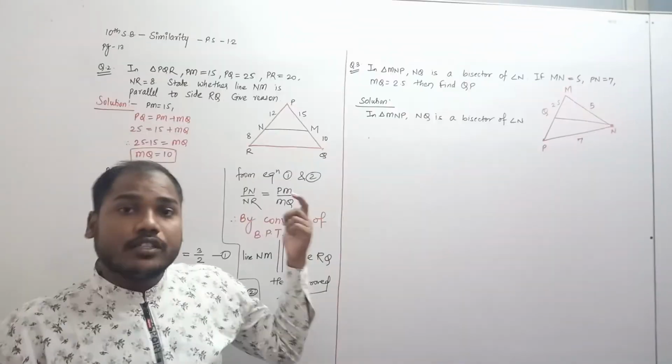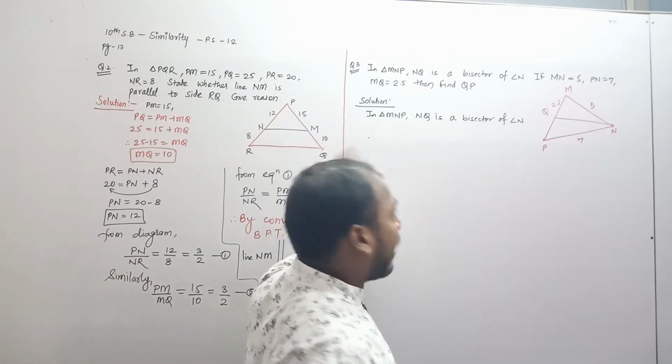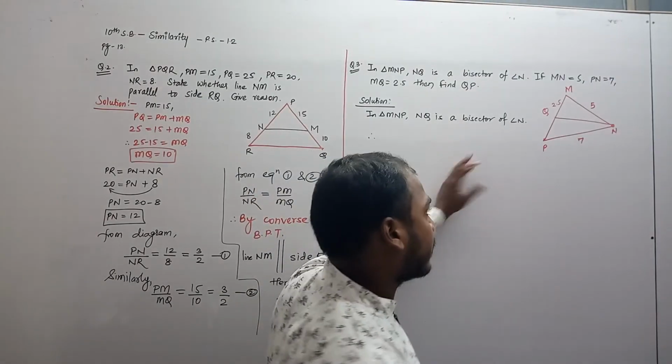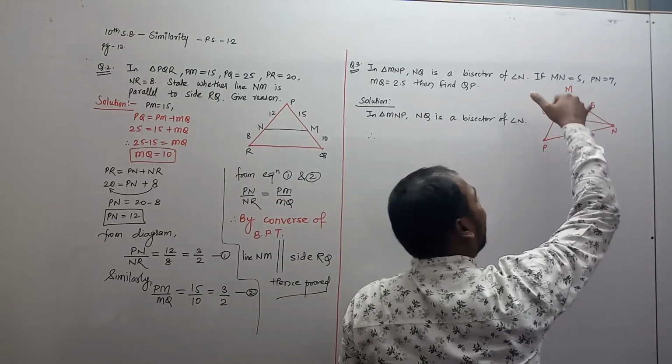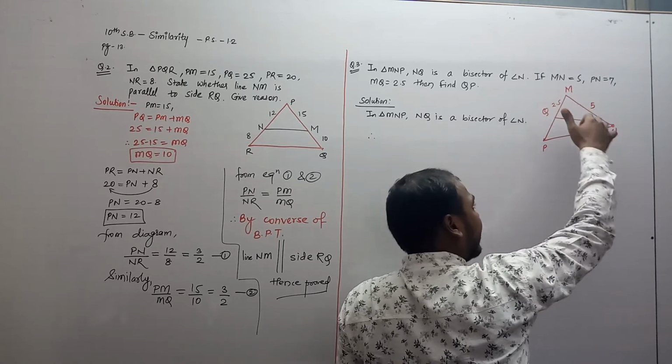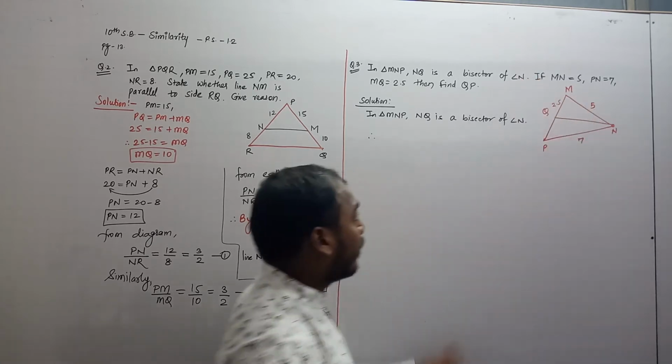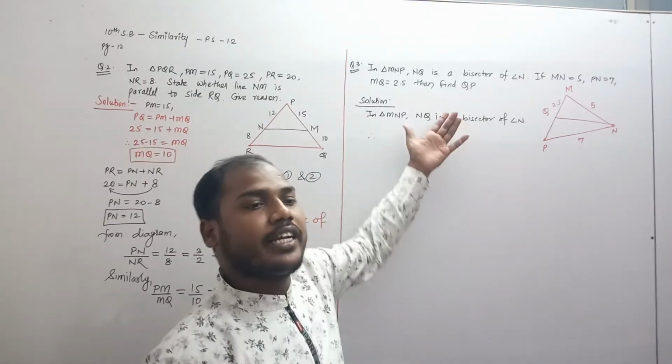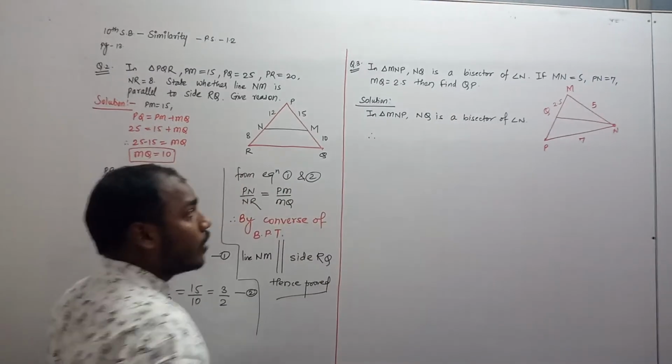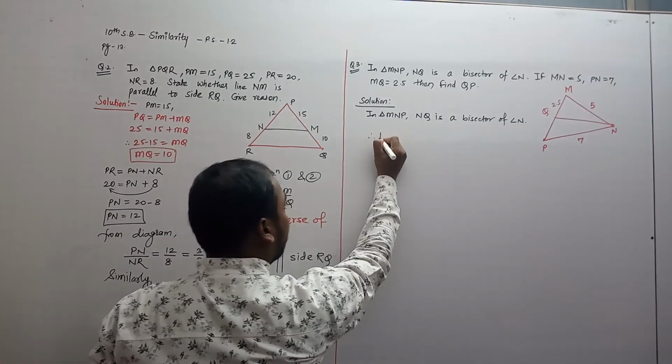When using an angle bisector, keep in mind that in the question they have given that the line is a bisector of the angle. If we have any angle bisector, then we can apply the angle bisector theorem.